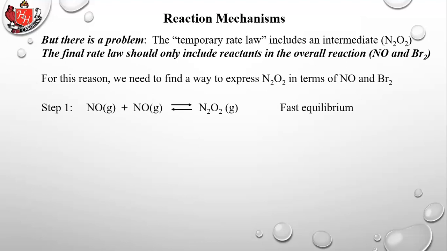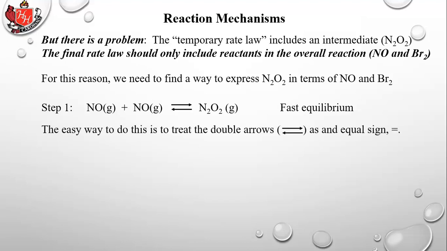So for this reason, we need to find a way to express N2O2 in terms of the actual reactants in the overall reaction, which are NO and Br2. So step 1, NO plus NO produces N2O2. So the easy way to do this is to treat the double arrows as an equal sign.